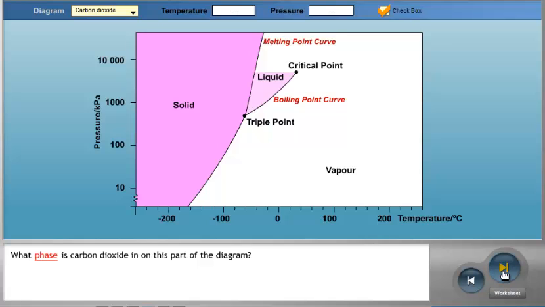What phase is carbon dioxide in on this part of the diagram? Answer: gas. How do the gas particles differ at the two pressures? Answer: they are closer together at the higher pressure.